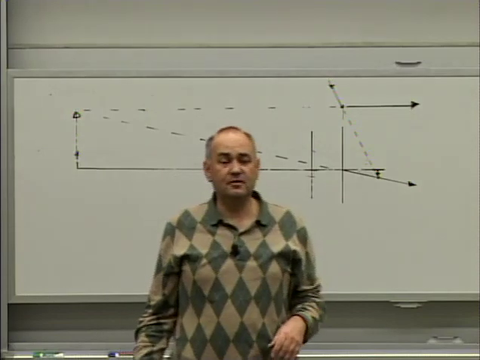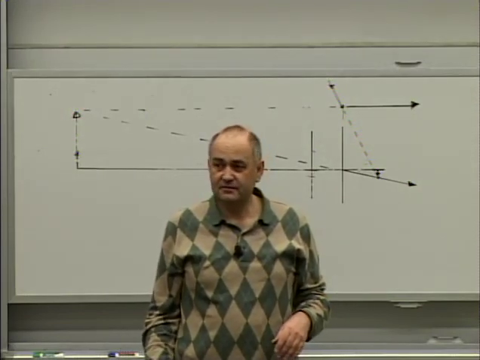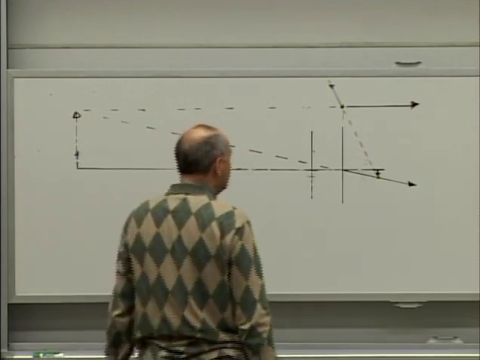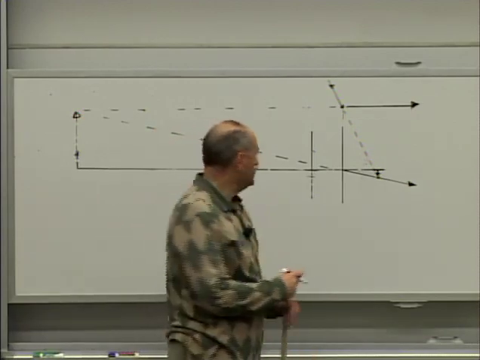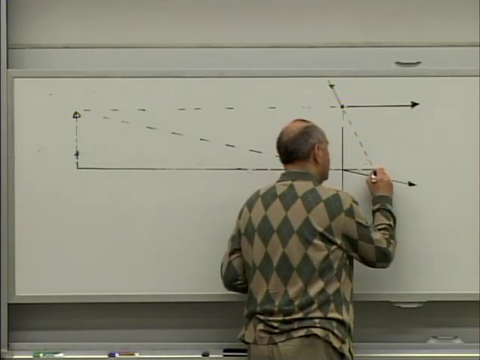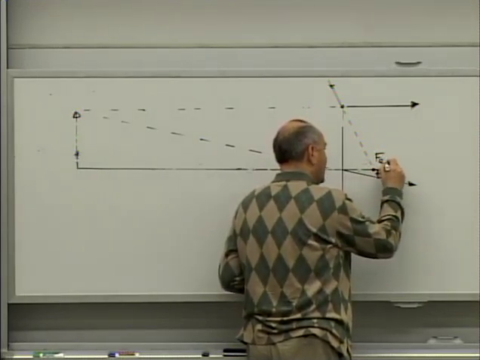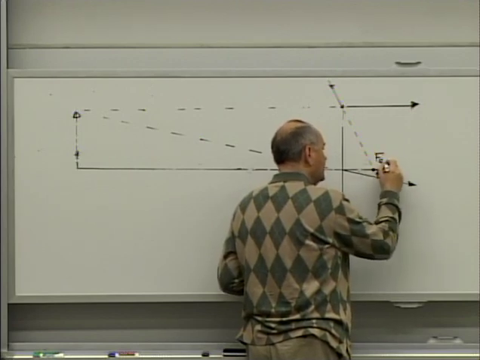Where's the focal point? Where the ray or its extension crosses the principal axis. So this is the object focal point of the eyepiece.